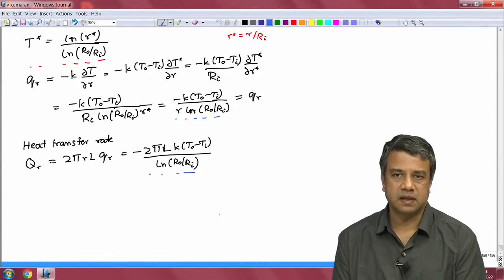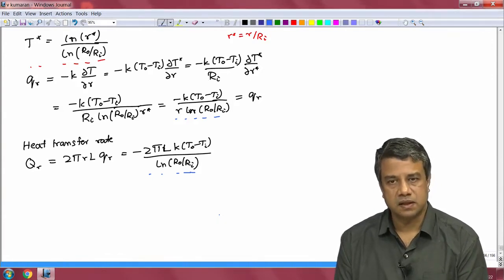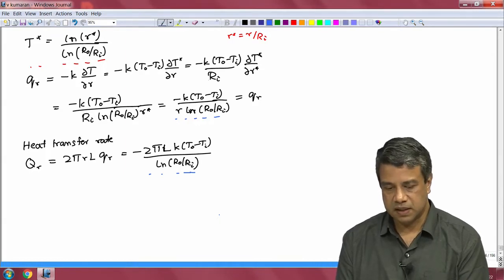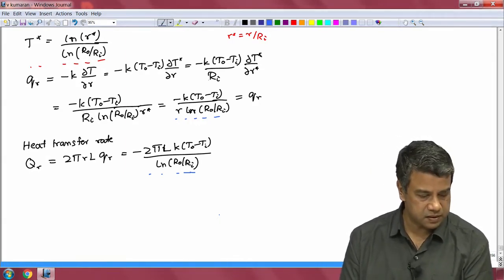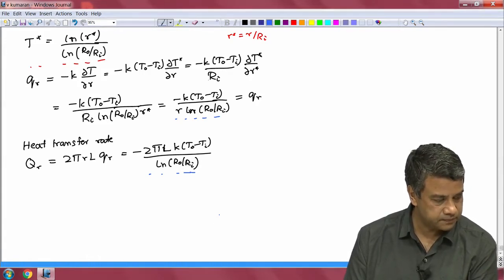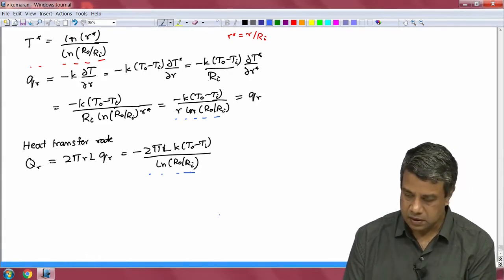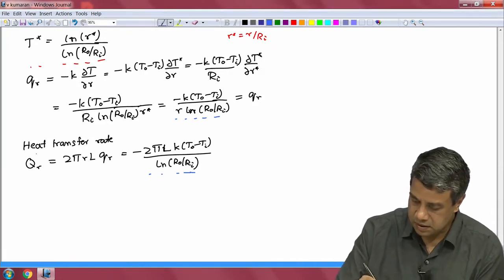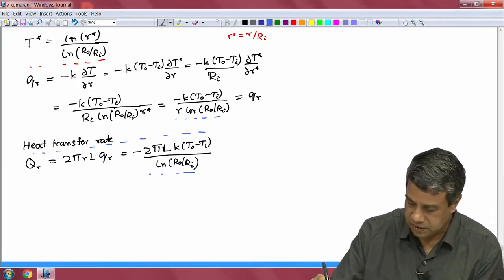It is the same on the inner surface, the same on the outer surface, and the same on any other surface within the fluid. This is the solution for the heat transfer rate.